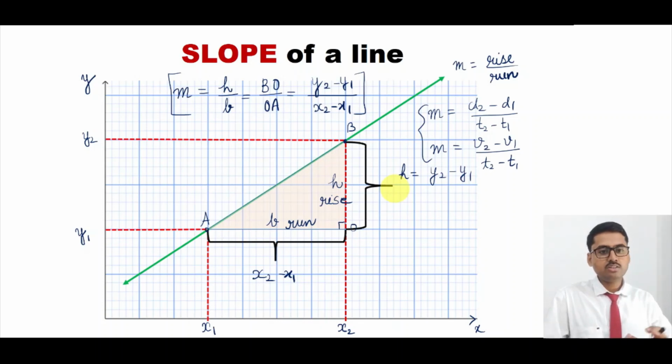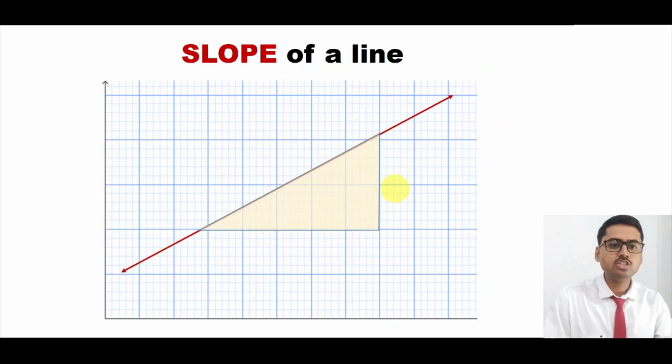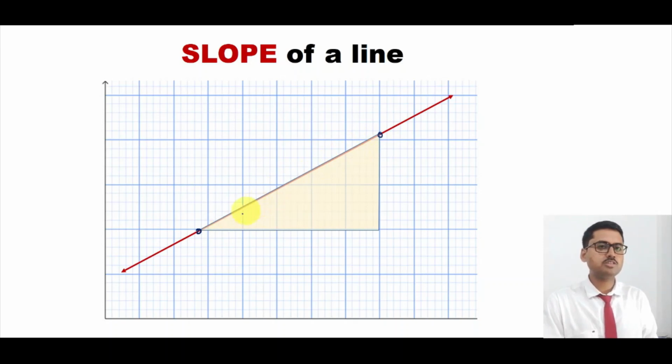Now in this graph, I have taken a triangle on my own, but you can choose any triangle or any 2 points on the graph. It is not necessary that you choose only these 2 fixed points. You can choose any point whose coordinates are known and clear to you.